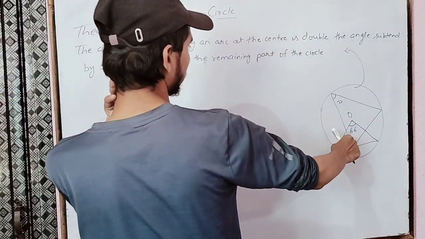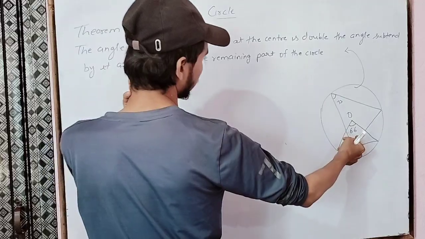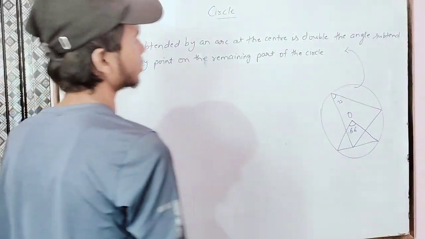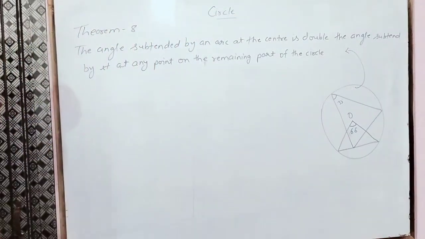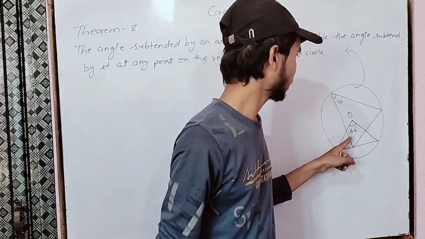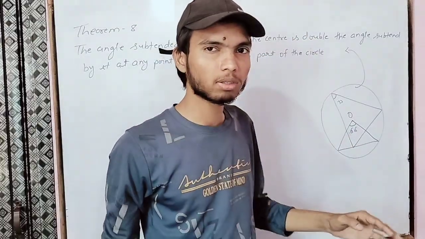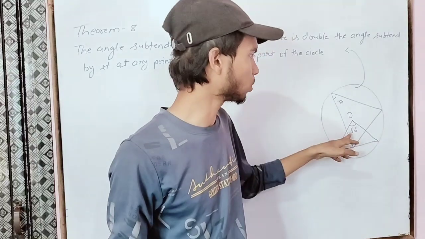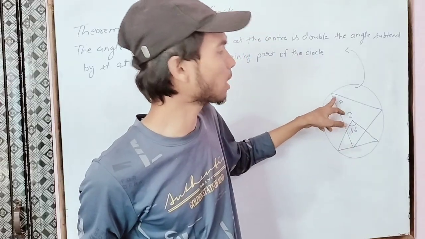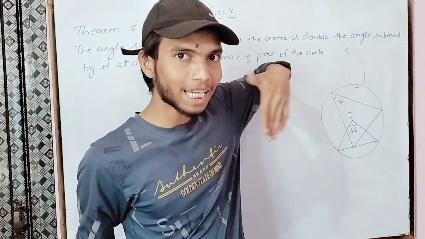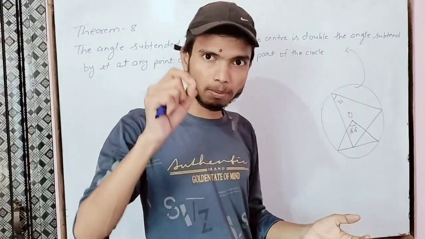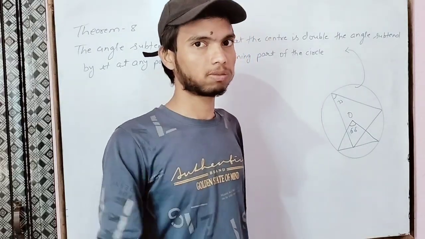Clear? If the degree of this angle is given, we can easily find the degree of this angle. So if the angle at the center is, let's say, 200, then it is a truth that the angle on the remaining part, which is in the major sector, will be half.